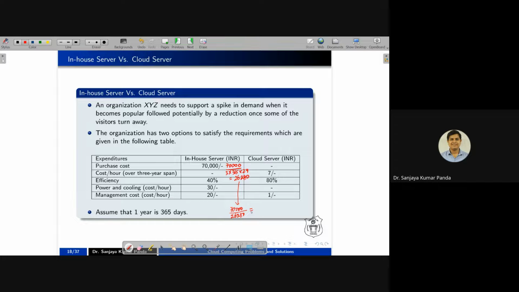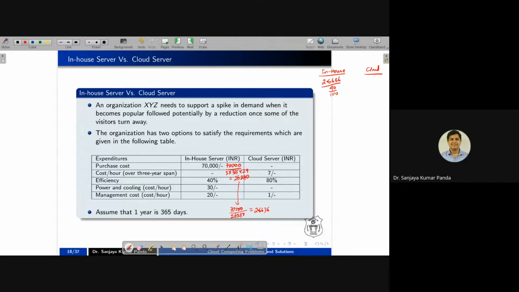You will get around 2.6636. When you calculate with respect to 40%, let me write in-house here. In this case, it is cloud. So in the in-house case, it is 2.6636 divided by 40%, so 40 divided by 100.